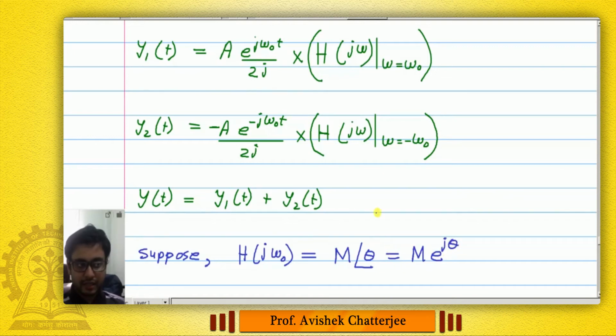Okay, then y1 will be equal to a by 2j e to the power j omega naught t, multiplied with m, and then multiplied with e to the power j theta.